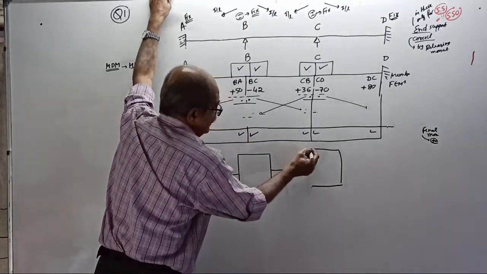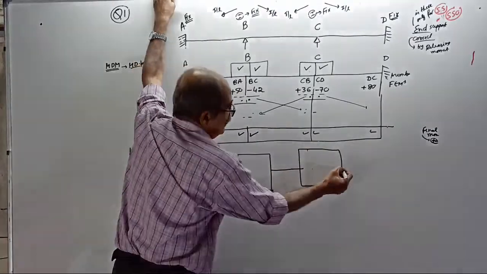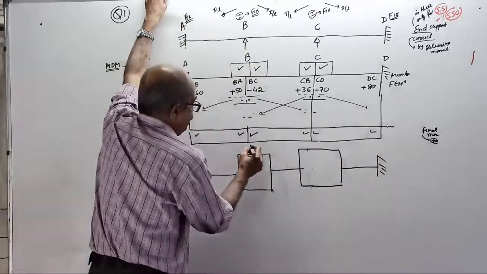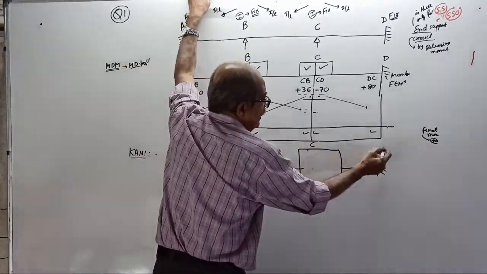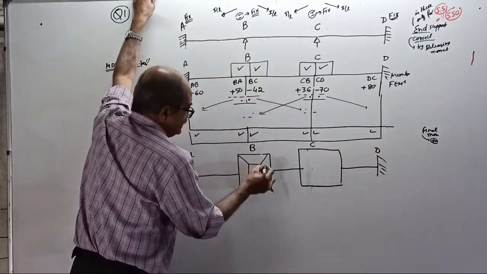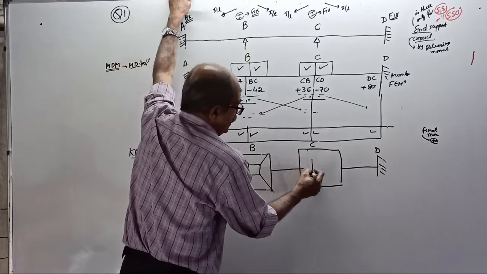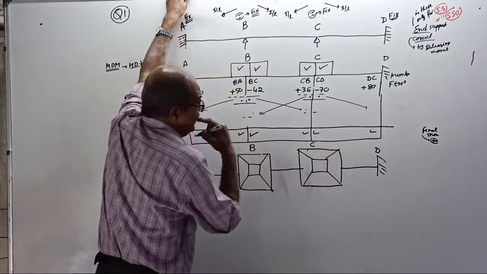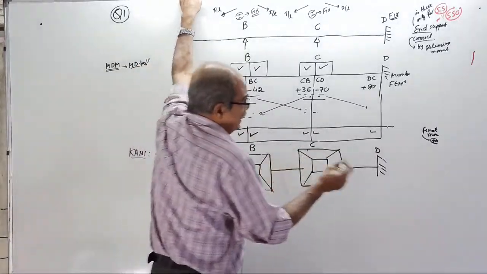This way, box. Again fixed here. A, B, C, D. Put a box inside. I will explain all this in the question. Member names are not required.